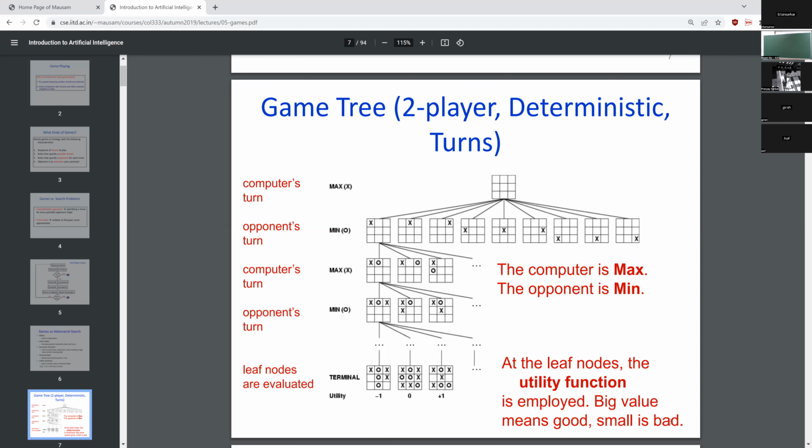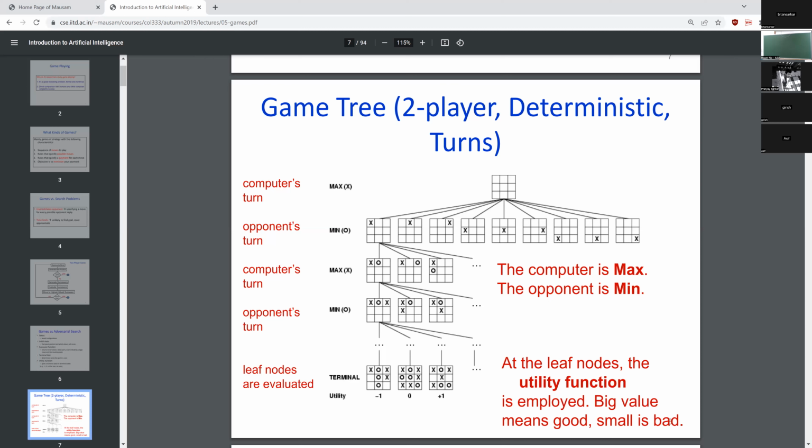The exercise that we are going to do now is to map the 5 components that we have seen in the previous slide onto the picture. So the initial state is this empty board configuration shown as the root of the tree. The empty board configuration is when the game starts.